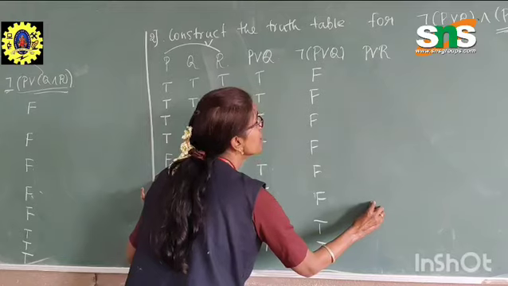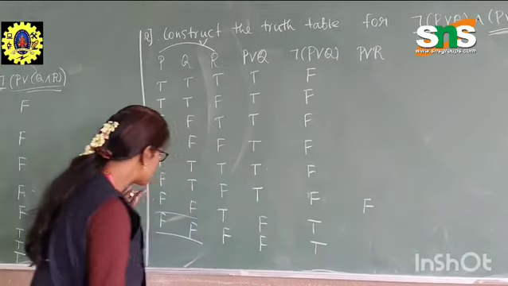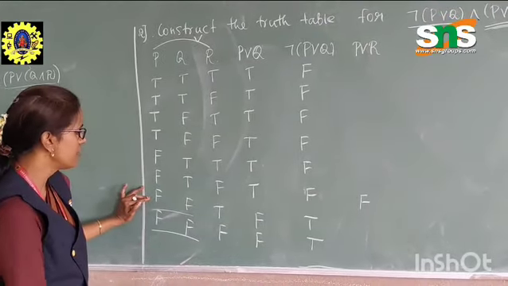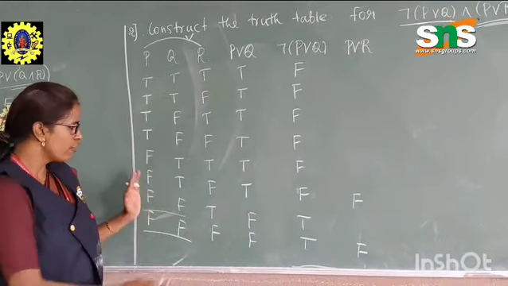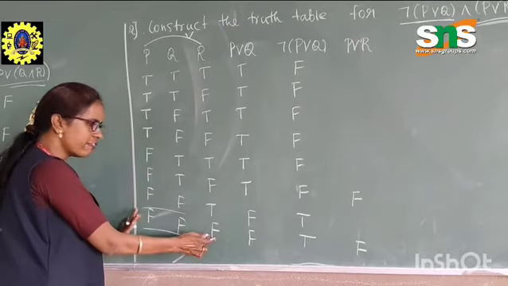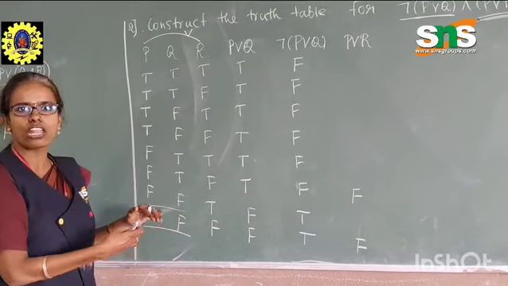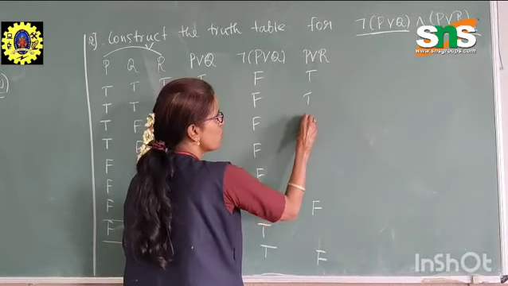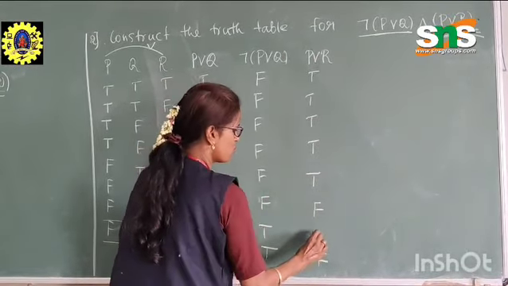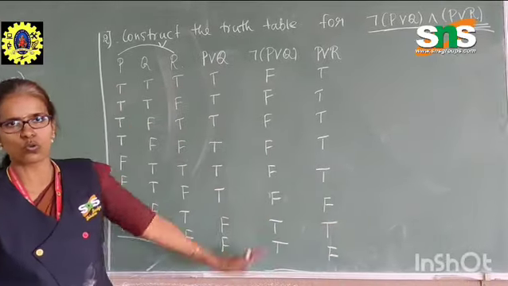This column is false, and the last column is false. False, false is false. Here again false. The remaining all are true. So true, true, true, true, true, true. This column is over.